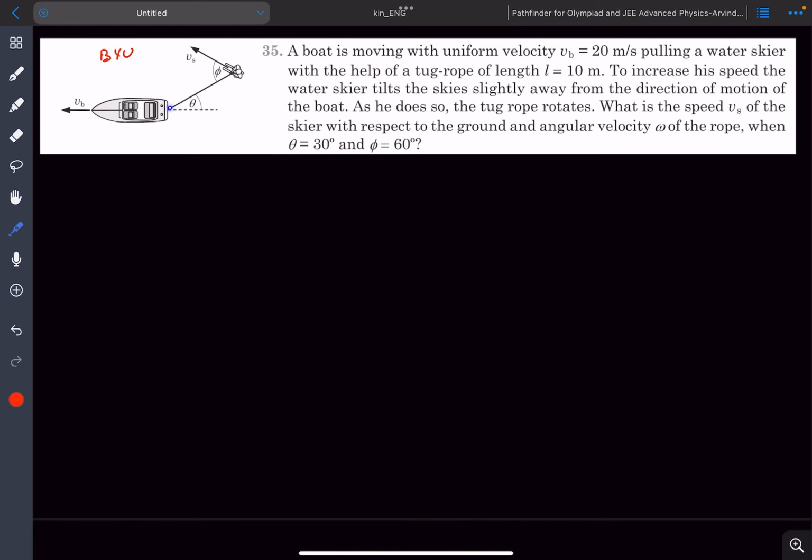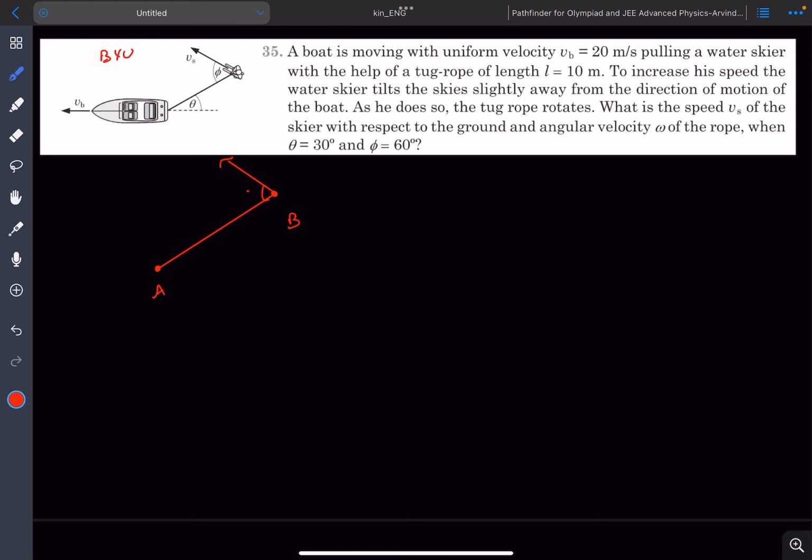Now it's clear, as the rope is pulling this guy, its length has to remain constant, which means the velocity at the endpoints. Let's mark these 2 points as A and B. The B point moves with velocity Vs at an angle of phi with the rope, and the A point moves towards the left, and the angle the rope makes with the horizontal instantaneously is 30 degrees, and this velocity is 20 meters per second.